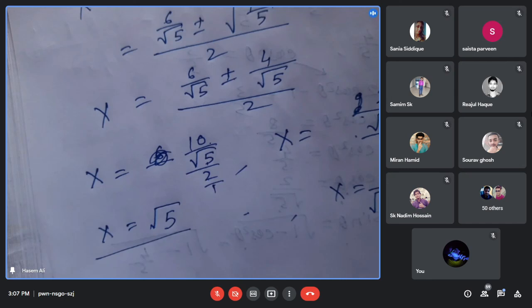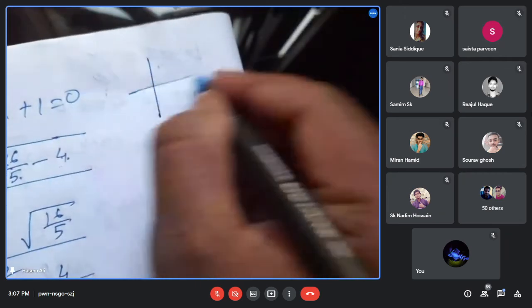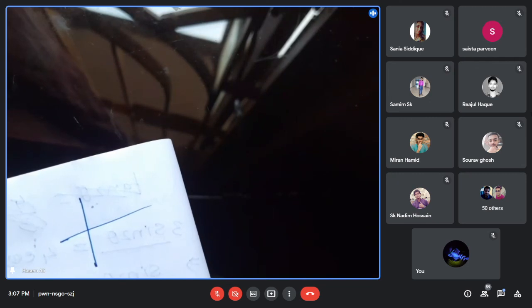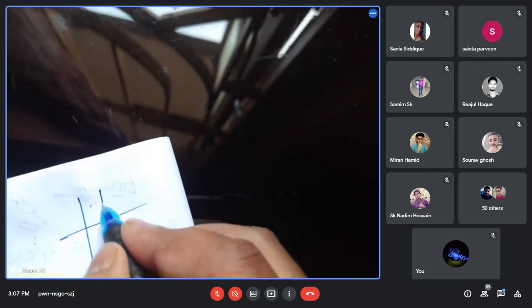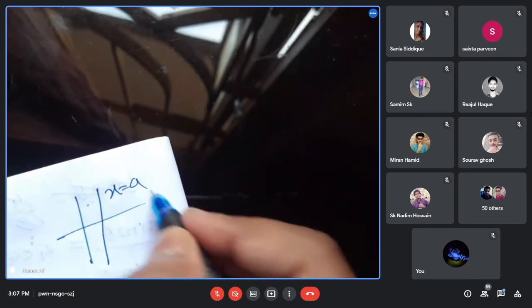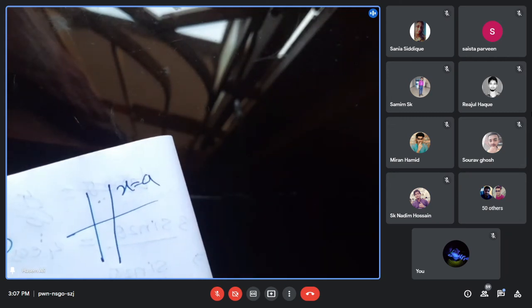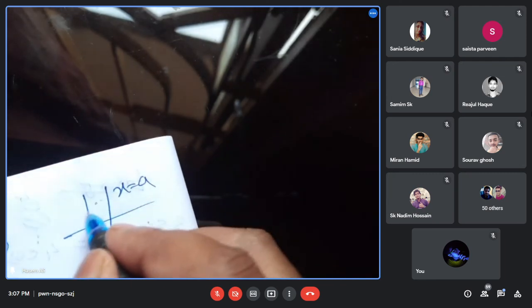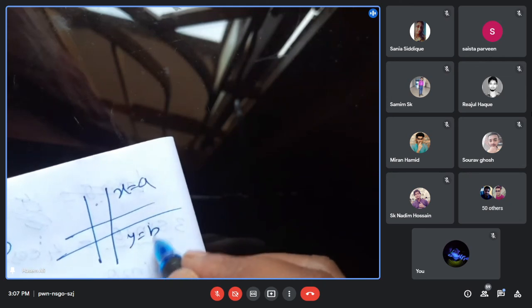It represents a straight line, because the equation of a straight line parallel to the y-axis is x equals to a, and the equation of a straight line parallel to the x-axis is y equals to b.